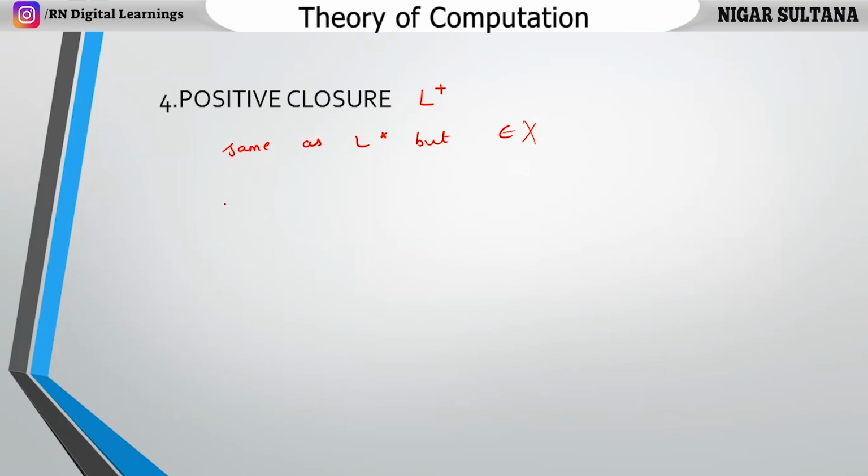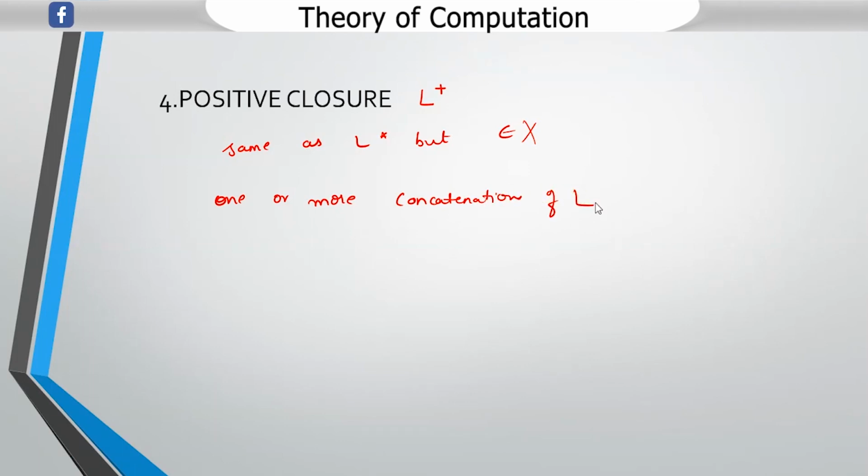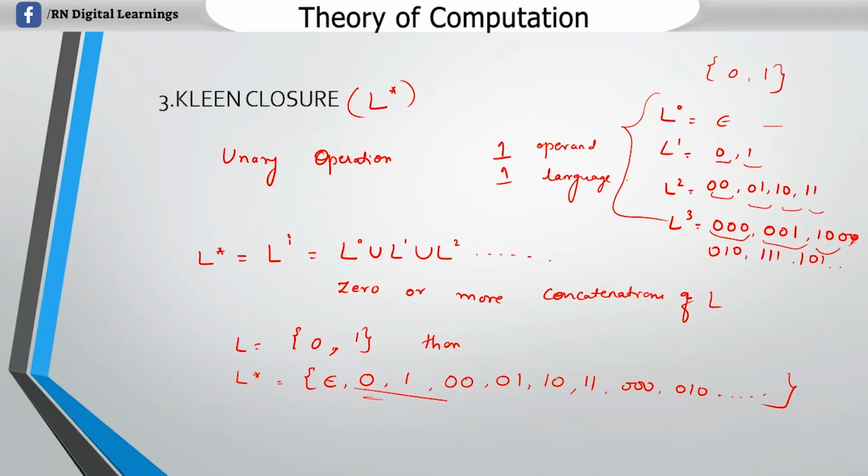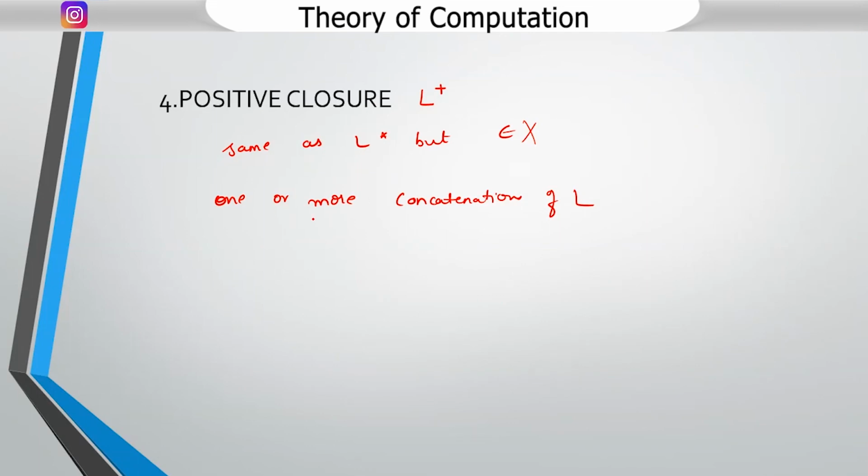So this is basically one or more concatenations of language. We studied that Kleene closure is 0 or more concatenations, and this is 1 or more concatenations. So here we exclude epsilon, that is length 0.